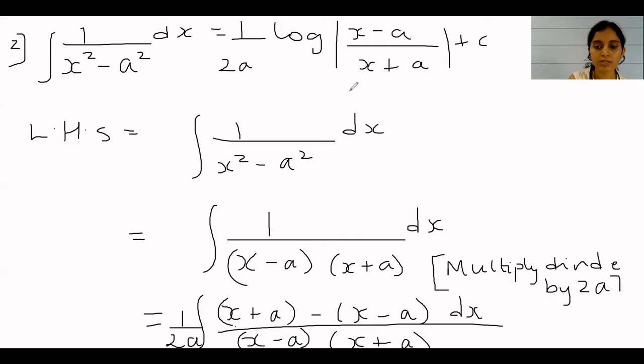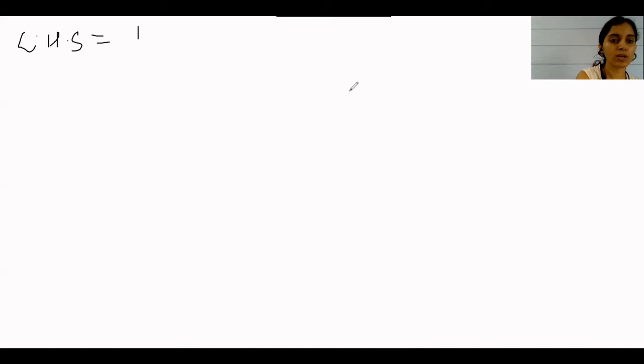Okay, now let's continue. So LHS is equal to 1 upon 2a as it is, integration of the first term is x plus a divided by x minus a, x plus a.